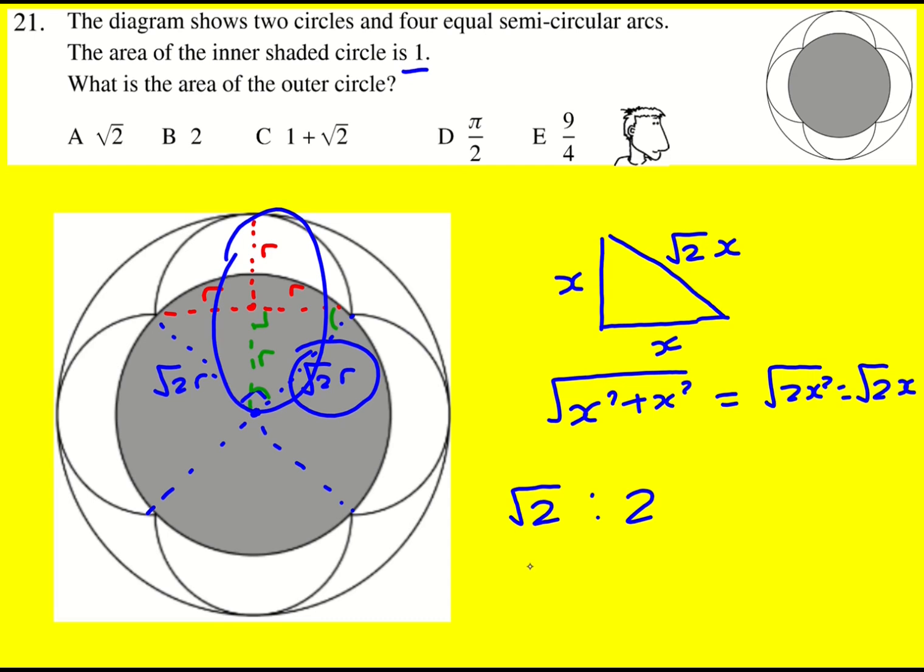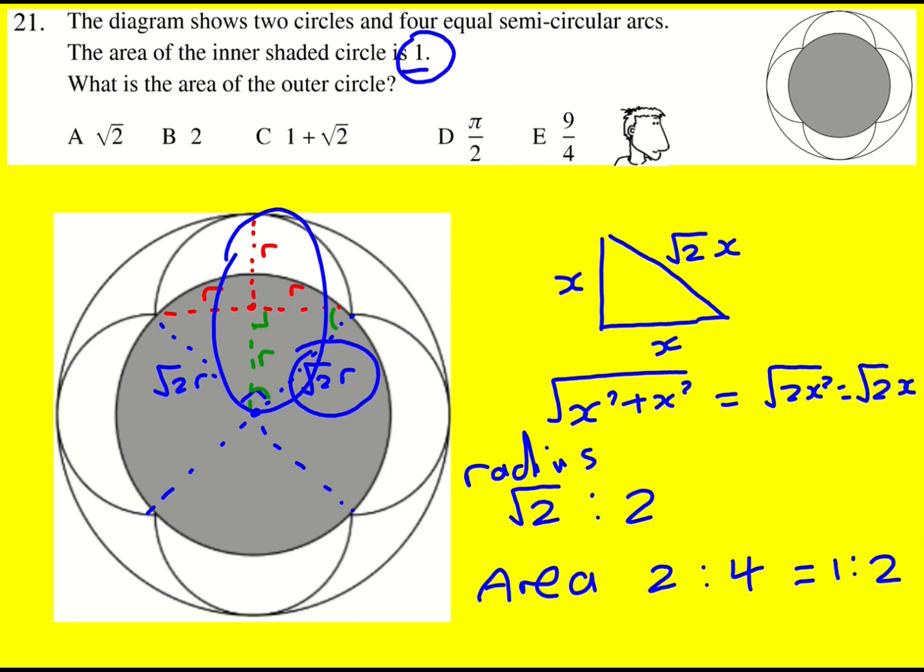And if we square that, then the area ratio becomes 2 to 4, which is the same as 1 to 2. So I've not had to use the area up until this point, but now we just need to times the area by 2, giving us the area of the outer circle as 2. Nice.